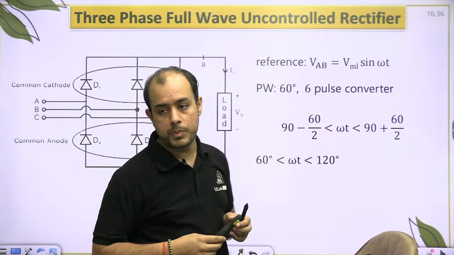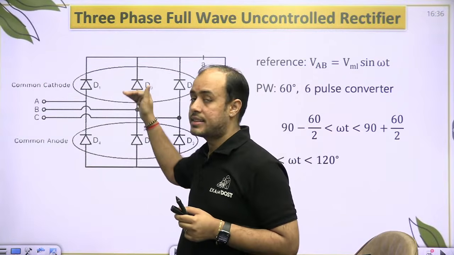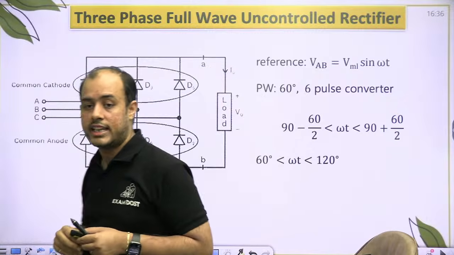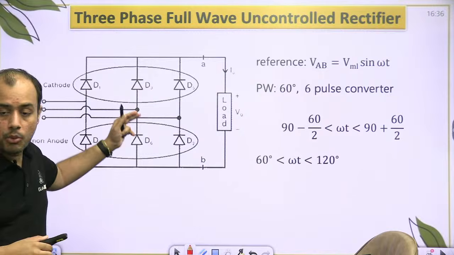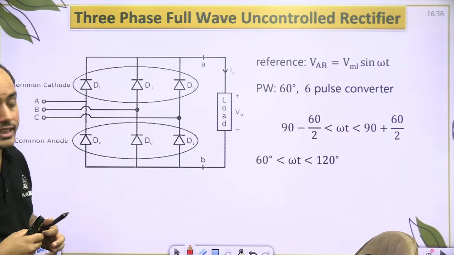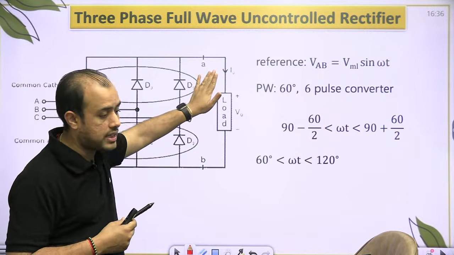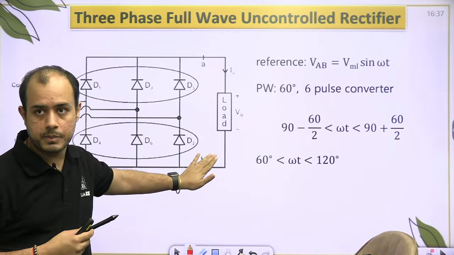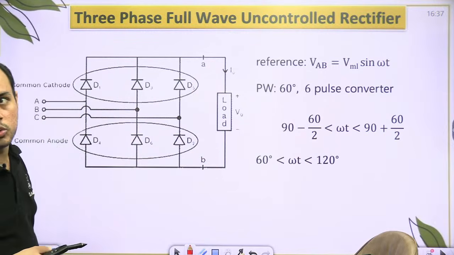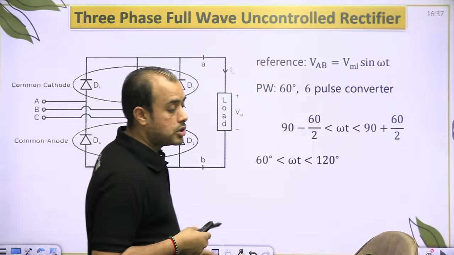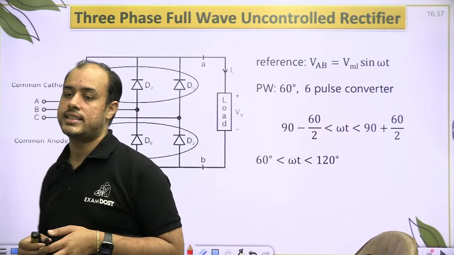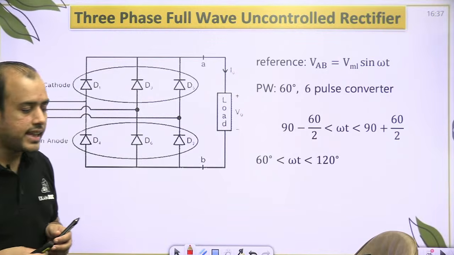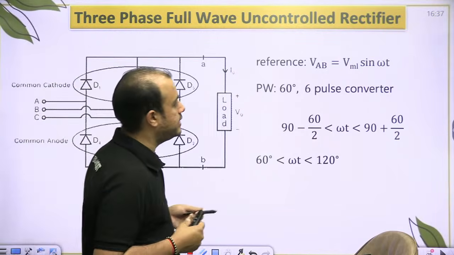Common cathode जो ऊपर वाला है बेटा, it passes the maximum phase voltage to the output. The lower common anode passes the most negative phase voltage. So the voltage across the output is the maximum minus minimum, maximum line to line voltage. So that is why we take the reference as line voltage instead of phase. इसीलिए reference यहाँ पे line को मानते हैं.